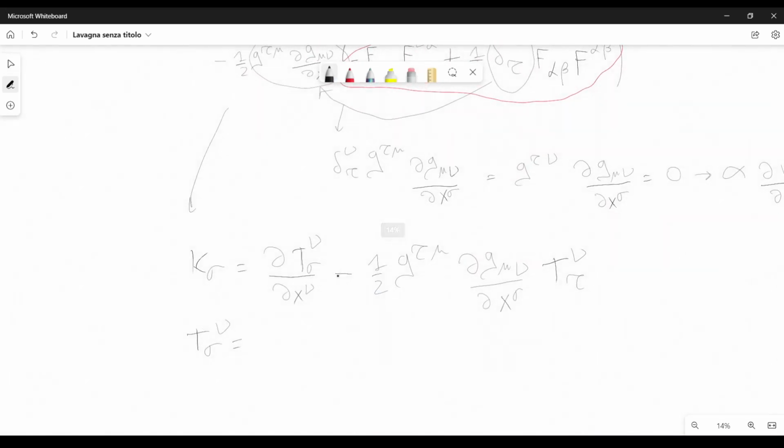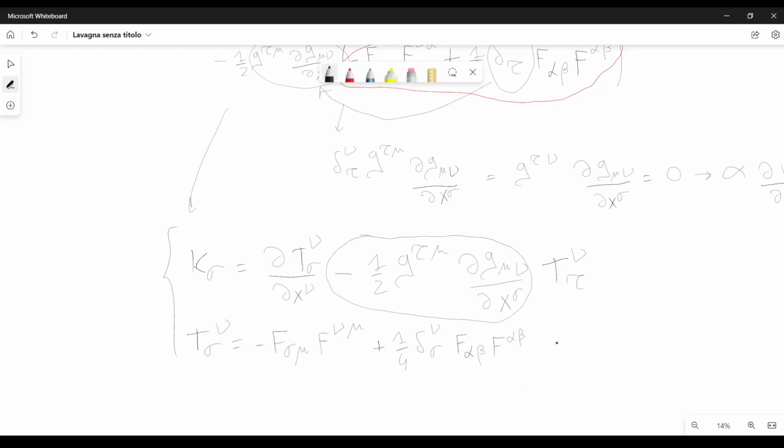It is minus f sigma mu times f nu mu plus 1/4 delta nu sigma f alpha beta times f alpha beta. And this term here can also be written in a different manner.